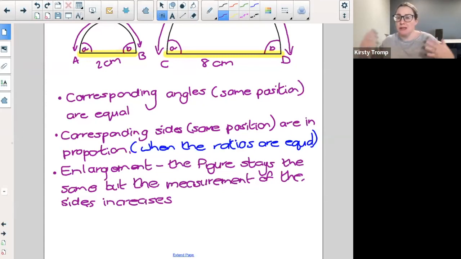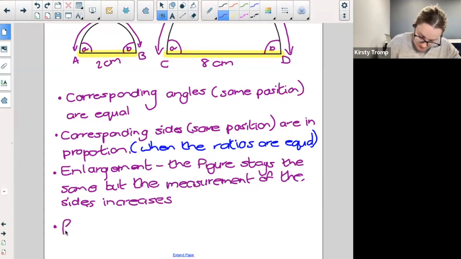No, sometimes we'll multiply it by 2 to make it twice as big. Sometimes we'll multiply it by 10 to make it 10 times as big. But the actual figure, guys, is not going to lose its shape, all right? All that's going to change is the size of the sides, the measurement of the sides. So there we did an enlargement.